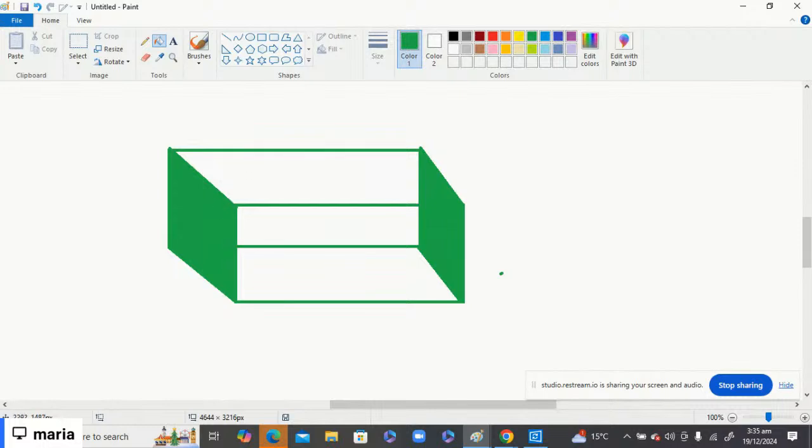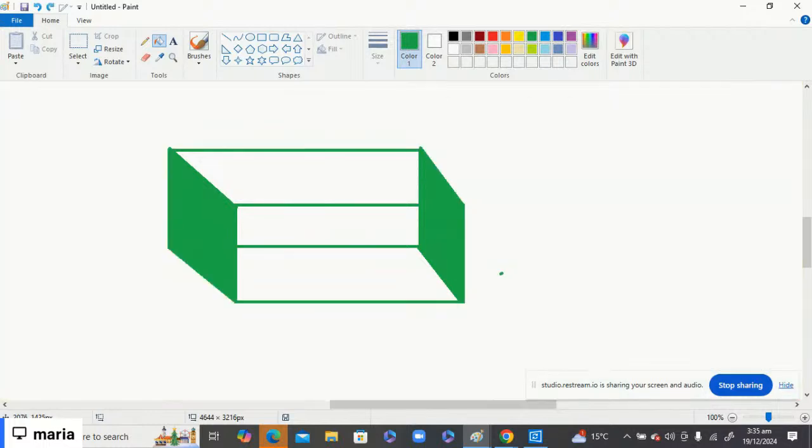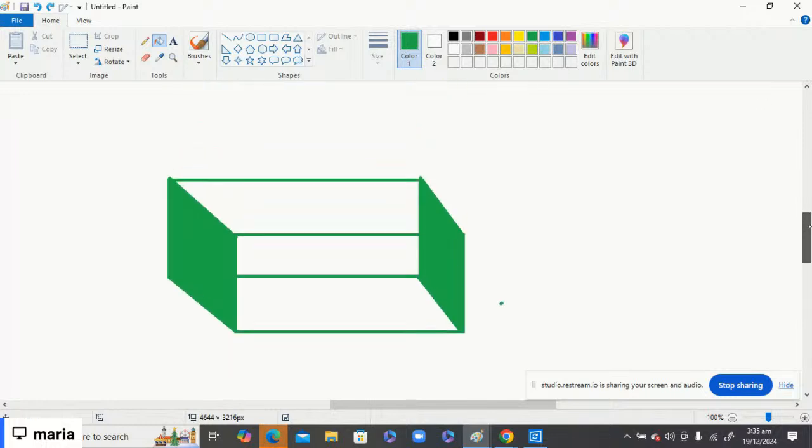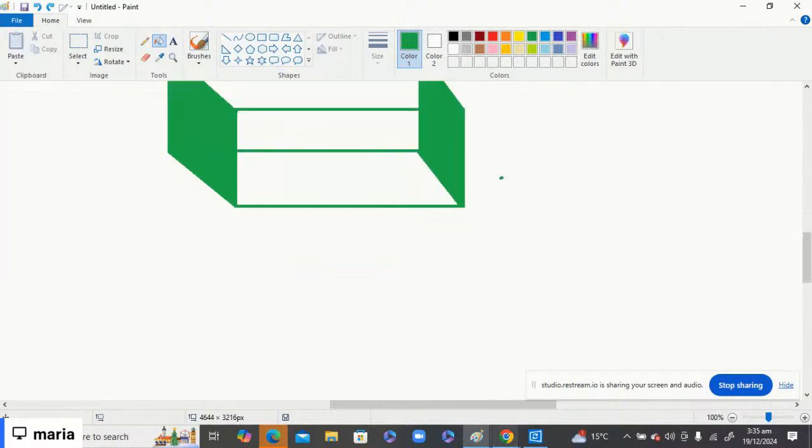These are given now. Understand? Top, bottom, left, right, back, and front. We already know the shape, the 6 faces of that, okay?